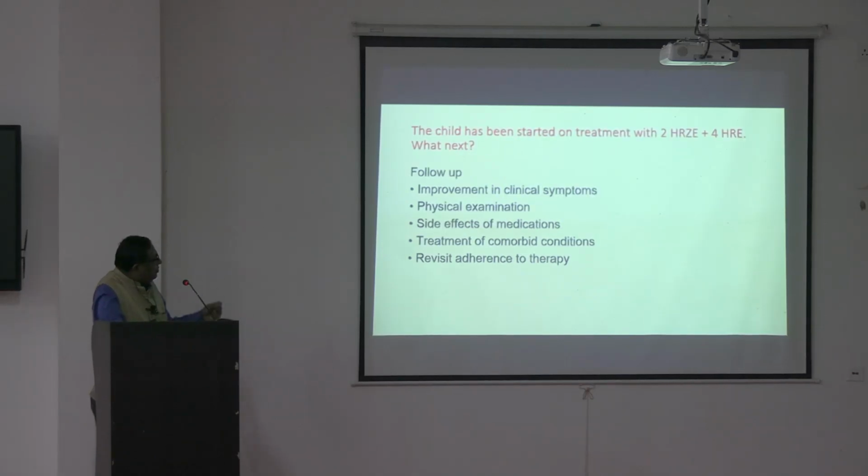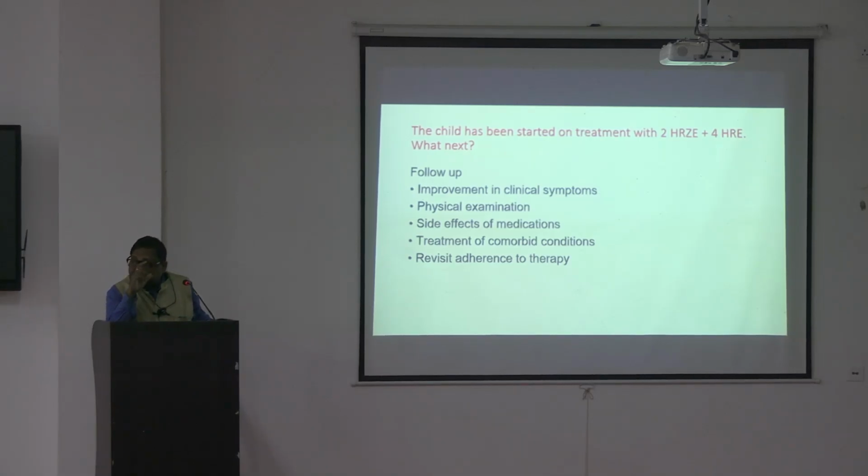Then follow up, whether there is improvement in clinical symptoms or not. Now we are giving initial treatment, then we should follow up to see if there is improvement or not. That is the most important thing we should see, because nowadays multi-drug resistant TB has come.